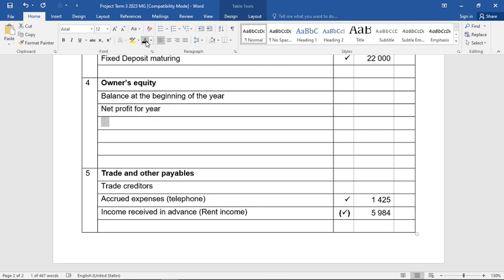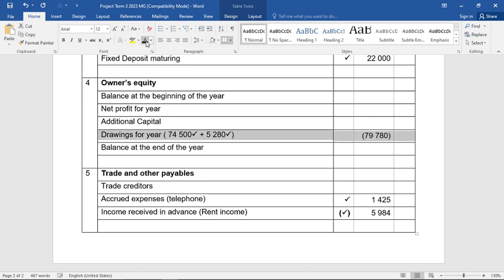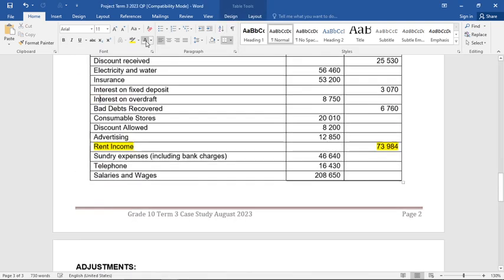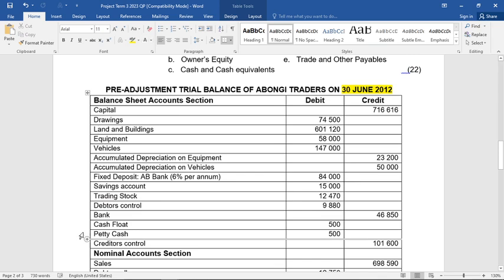You would then have maybe any additional capital or withdrawals possibly. And then drawings for the year would also be there before we get to the balance at the end of the year. So, drawings is what this adjustment is all about. We have already got drawings of 74,500, which I'll show you to prove it over here in our list of figures.